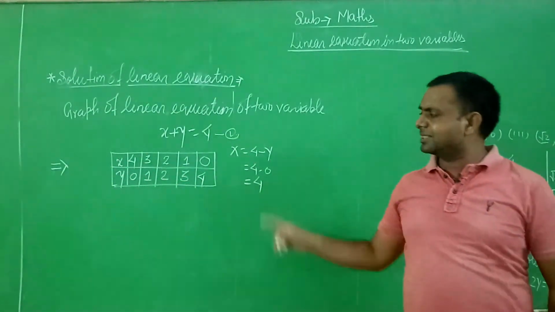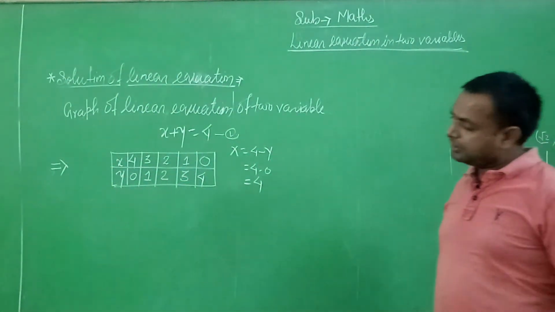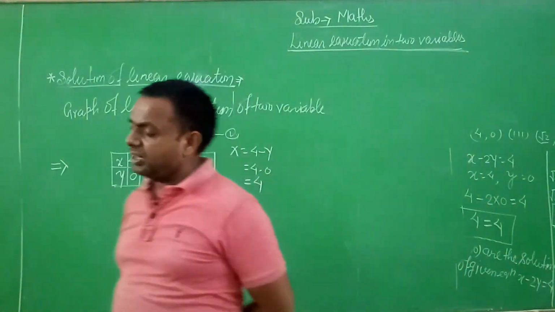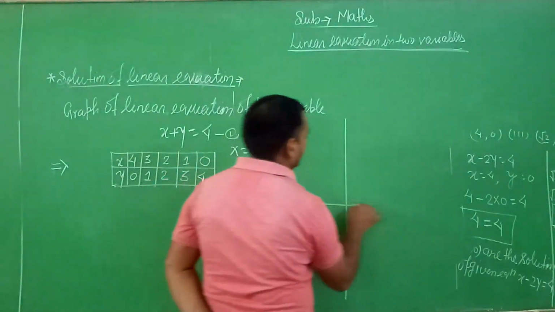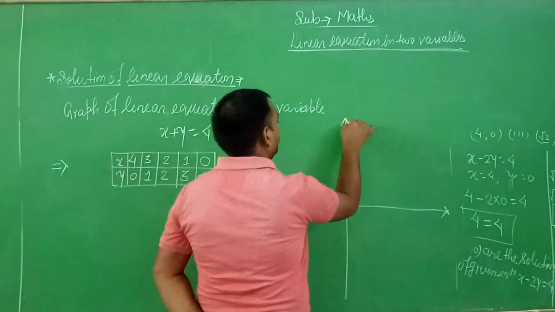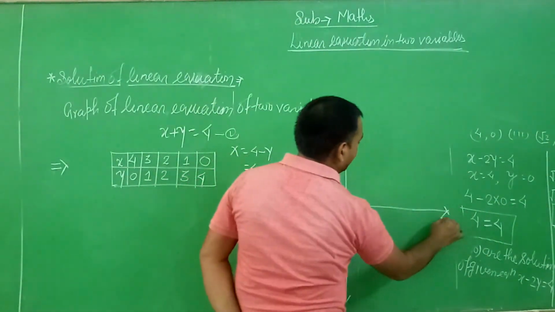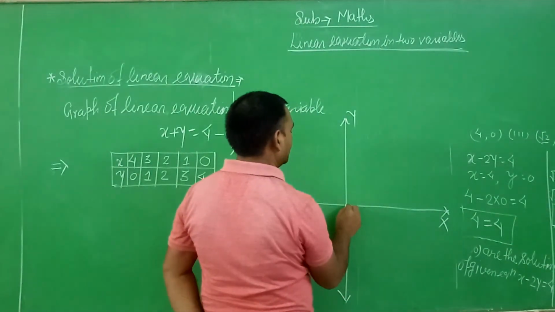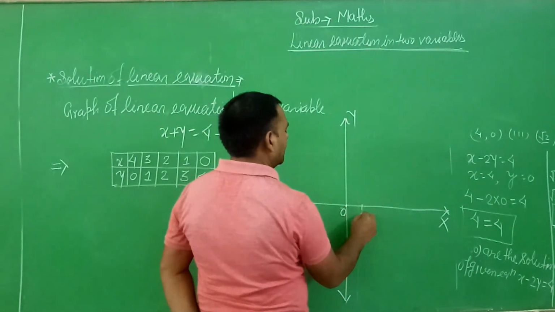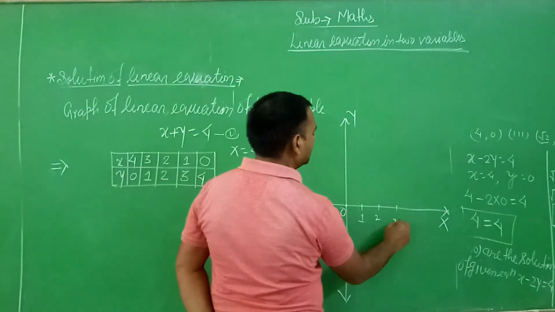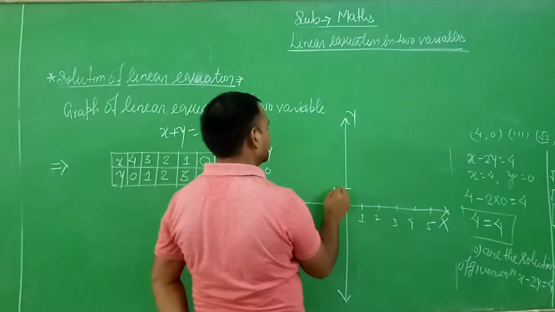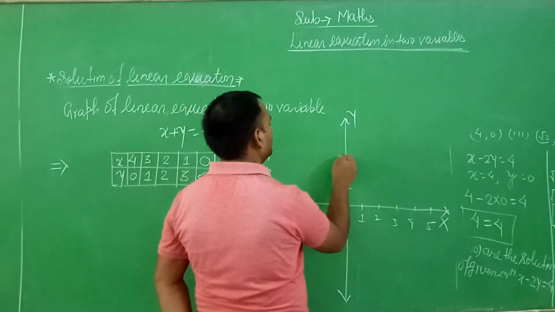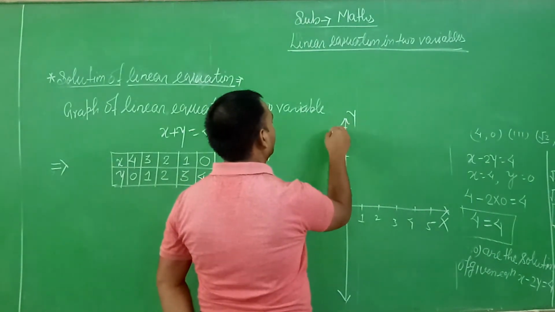With the help of these values of x and y, you can draw a graph. Suppose I take a quadrant. Here is the x and this is the y. The values of x are 0, 1, 2, 3, 4, 5, and the values of y are 1, 2, 3, 4 and 5.